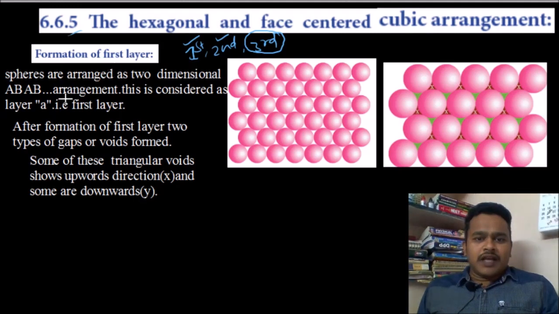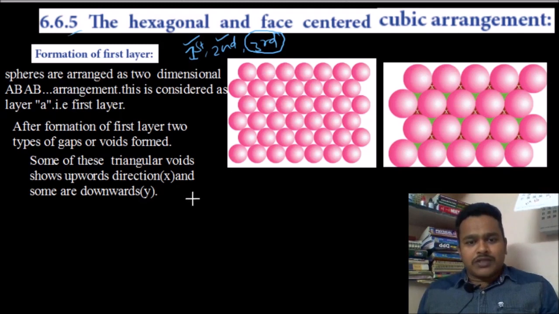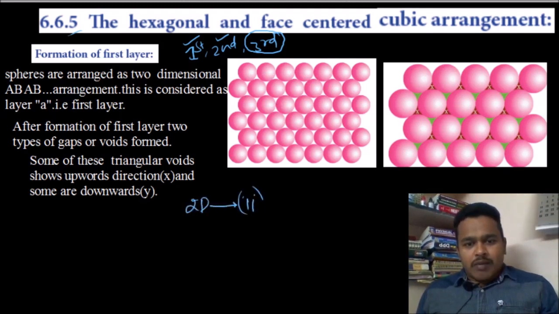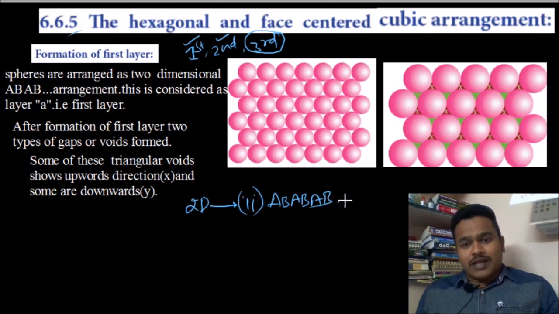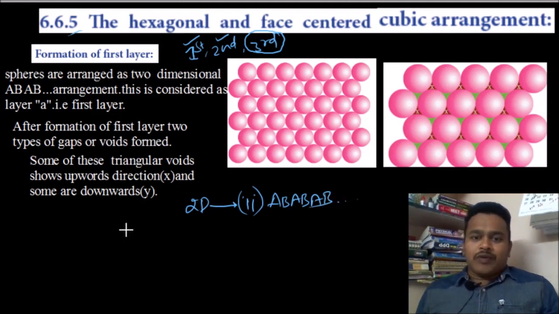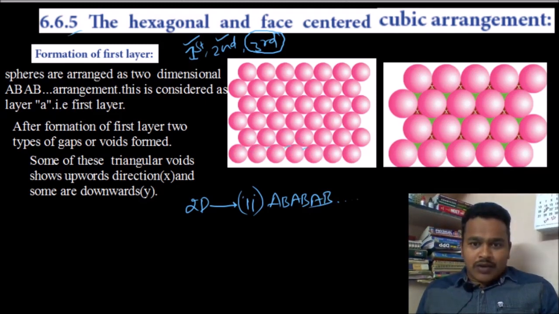Formation of the first layer means we already know two dimensional packing. In 2D packing, we recall the second arrangement, the AB arrangement, and we choose that arrangement now. One row is there, and in its depressions the second row is arranged. In the depressions of the second row, the third row is arranged, and then the fourth row.